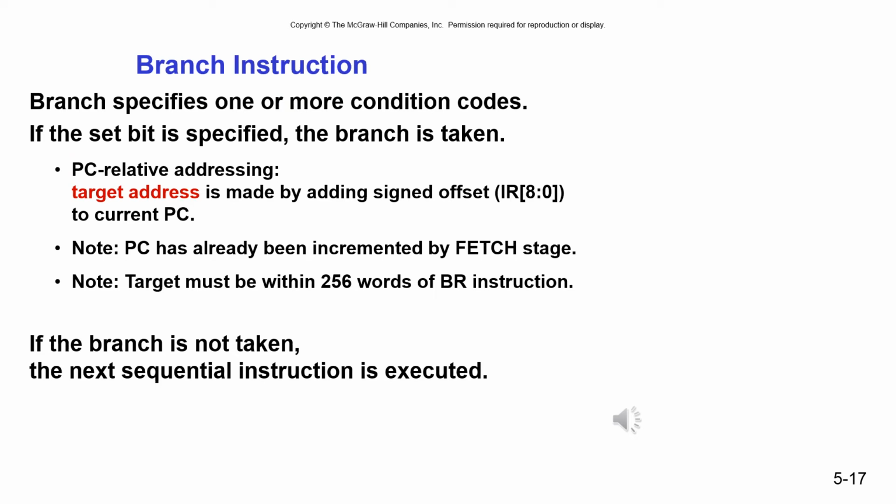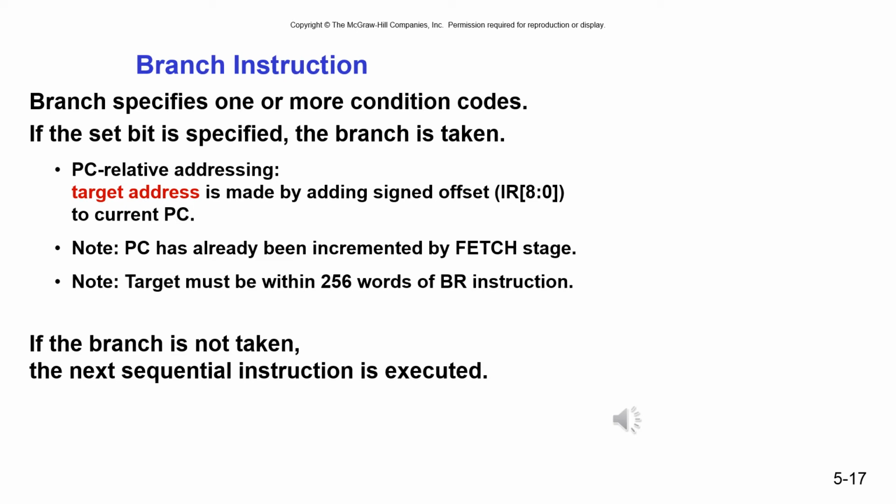The branch instruction specifies one or more conditions when, if true, the program counter gets reassigned. It actually gets reassigned a second time because, remember, the program counter always gets +1 during fetch. And that's before the opcode is decoded, any operands are evaluated, anything else happens.